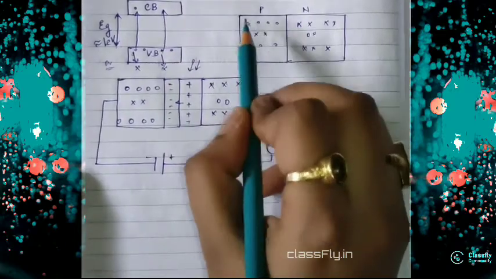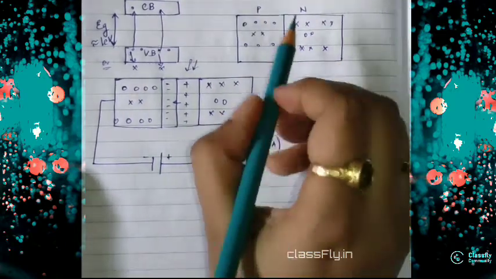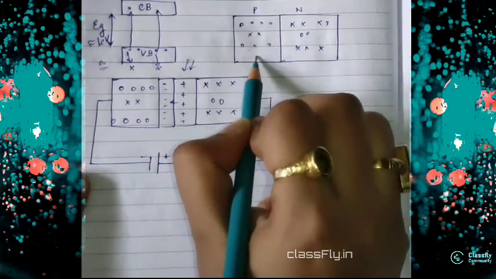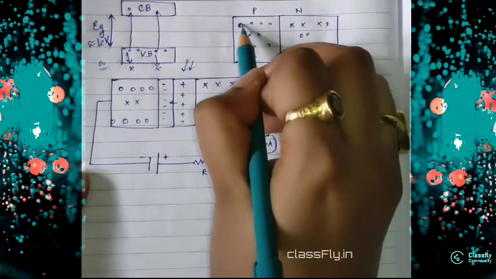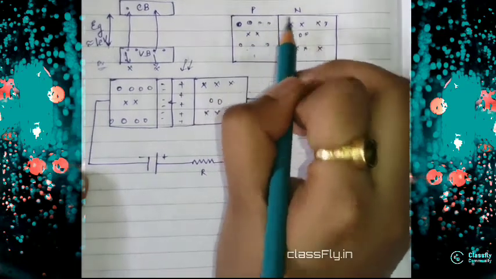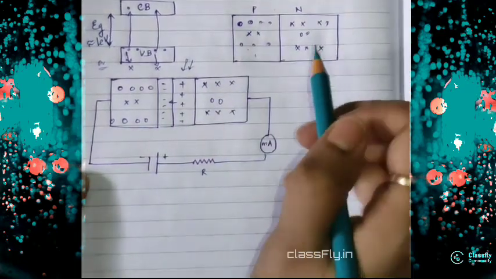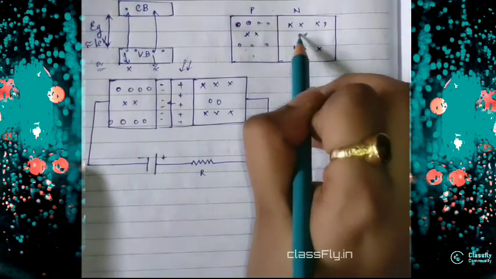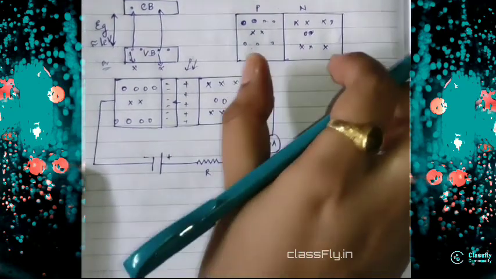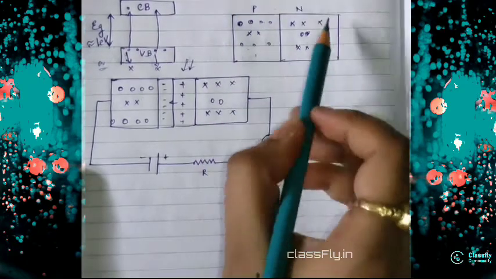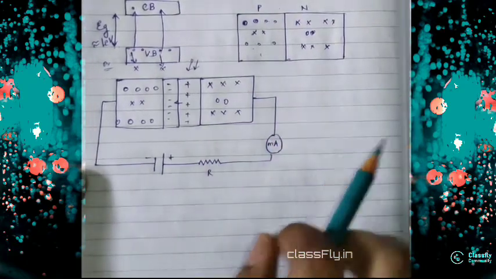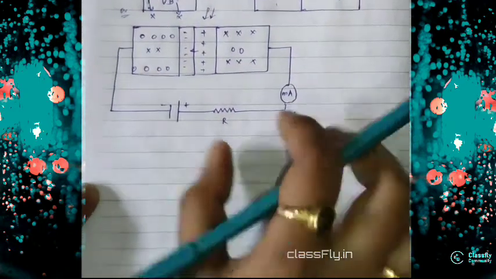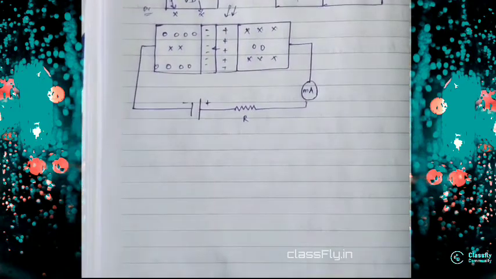Now see, this is the PN junction. The P type has a majority of holes and a minority of electrons. Here we denote the circles or dots as holes and the crosses as electrons. The N type has a majority of electrons and a minority of holes. You can see the P type and N type parts.